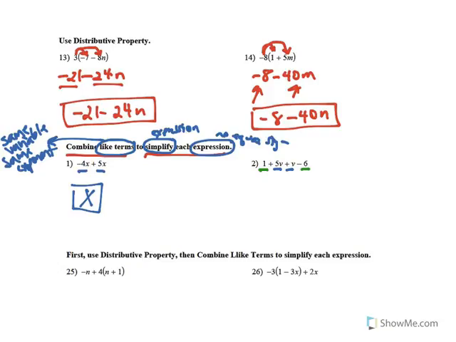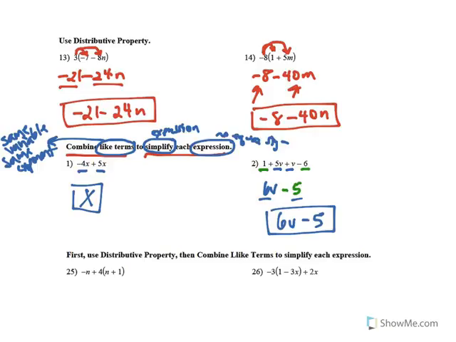Let's combine the v's. I have positive 5 plus 1 gives me 6v. Now let's combine the constants. I have positive 1 minus 6 gives me negative 5. I cannot combine these terms any further because 1 is a variable and 1 is a constant. My answer is 6v minus 5.